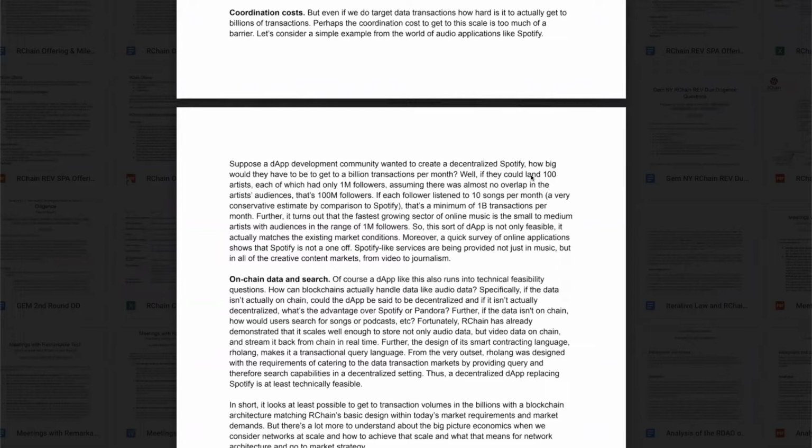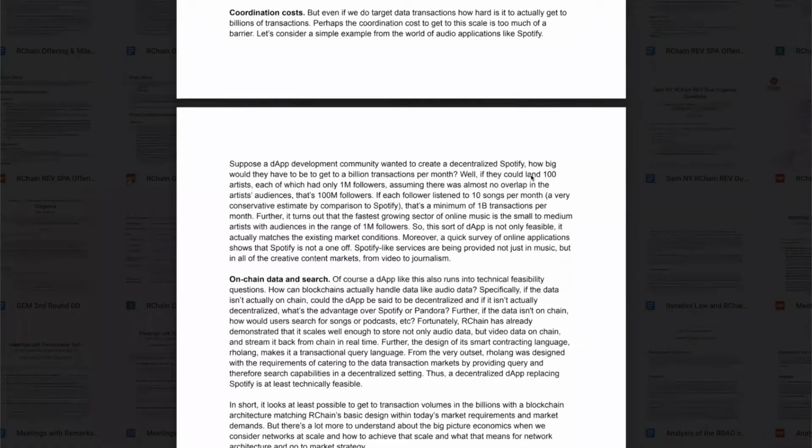For example, Google paid an enormous coordination cost to get to the point where it had the world's largest supercomputer. So maybe building the world's largest supercomputer is the only way to get there, and that means that only a very few can ever get there. So is it possible to get there? Let's check it out.